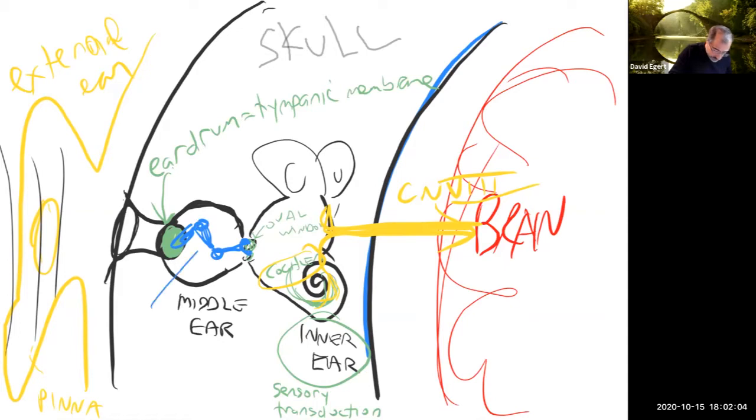The little middle ear bones, the ossicles, are like a little lever system that, as the eardrum moves back and forth, transfer that vibration into the inner ear. And then it's important here in my picture to remember that all of this is located within the skull.